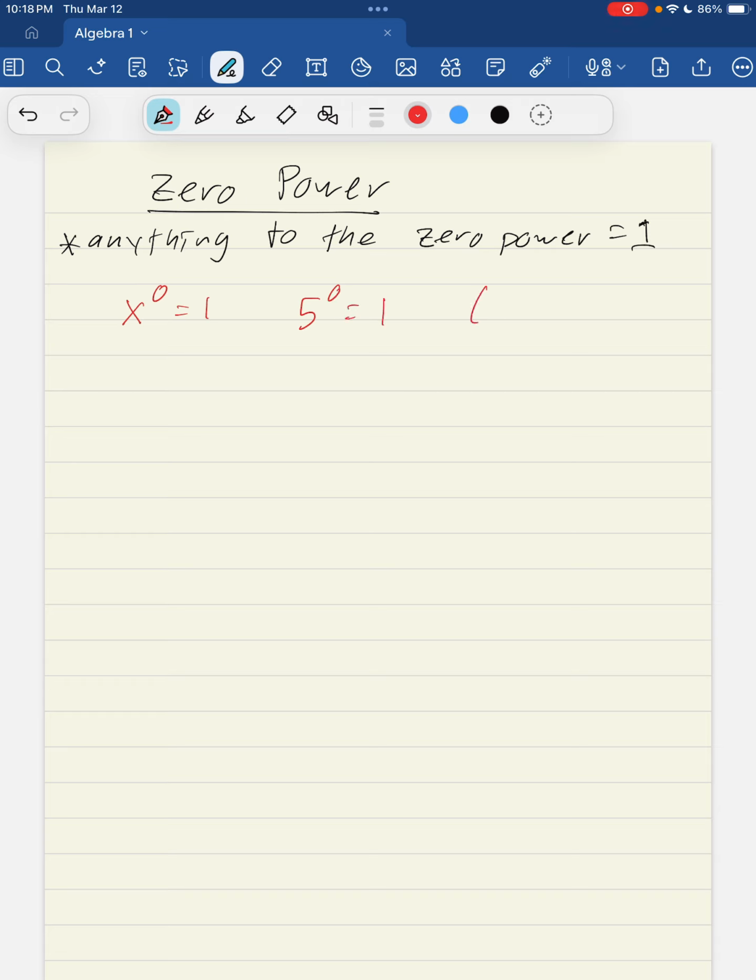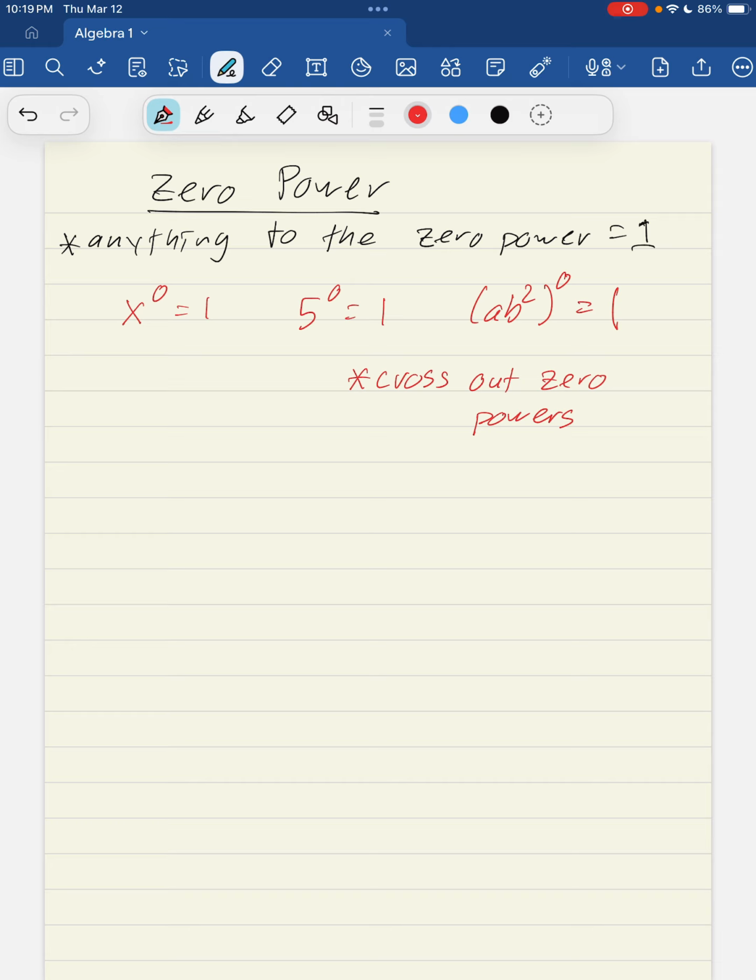If you have an expression ab squared to the 0 power, that also equals 1. Okay? What do we do when we see these guys in a problem? All we really do is we need to cross them out. The problems are easier without them.